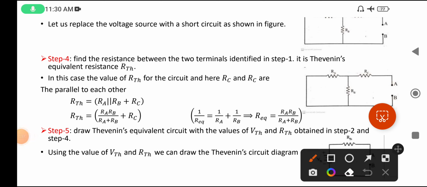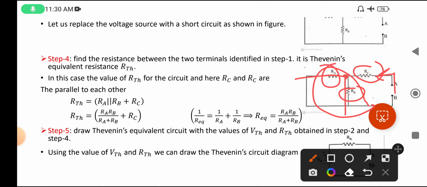Or you can draw it like this. Suppose current is flowing like this through RC. At this point the current divides into two parts. That means RA and RB are parallel to each other, and their combination is in series, meaning summed, with RC.